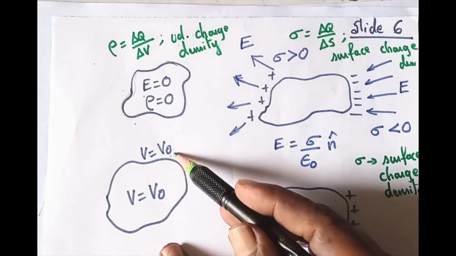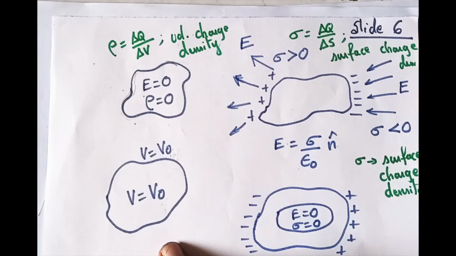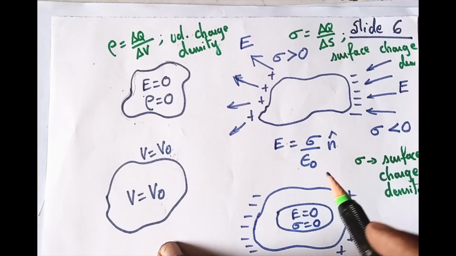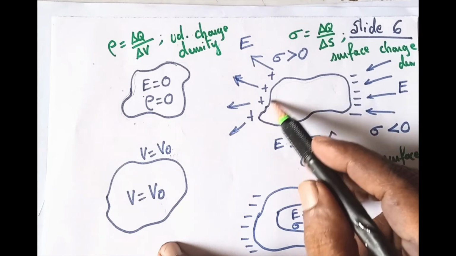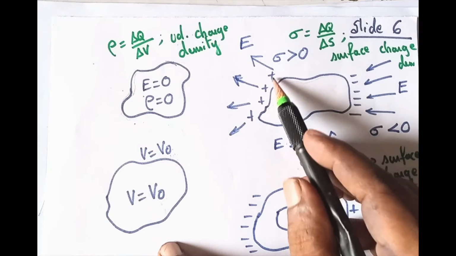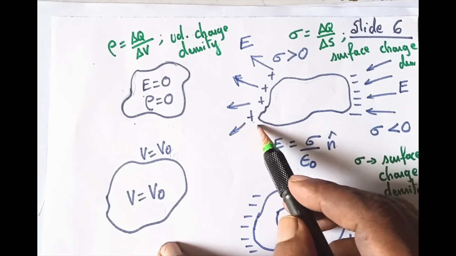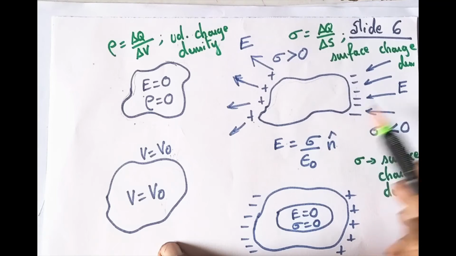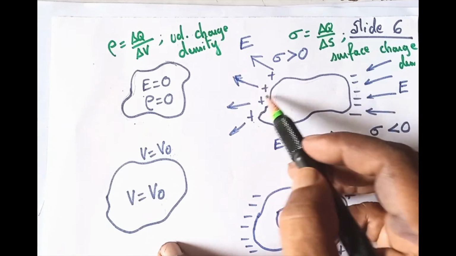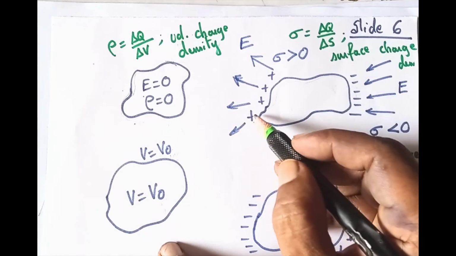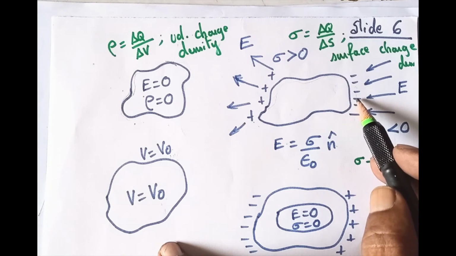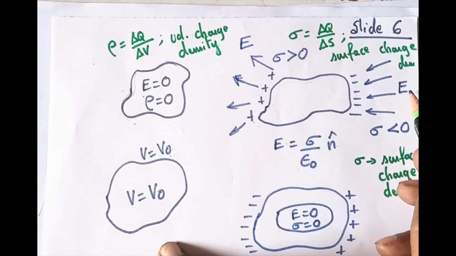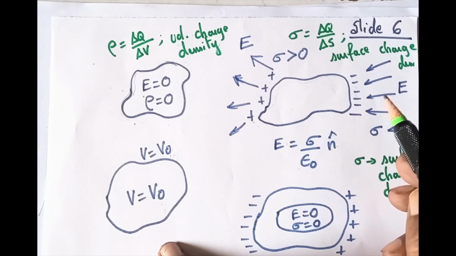That means the electrostatic potential is the same. Here, it is an irregular boundary conductor. We have positive charge on this side, and assume negative charge on this side. So the electric field is directed outside since it contains positive charge. If it has negative charge, the electric field is directed inside.